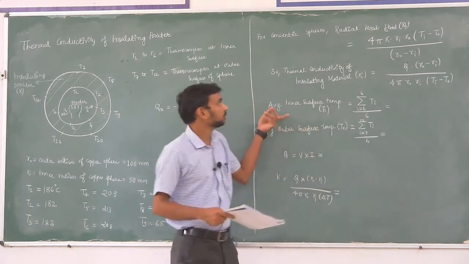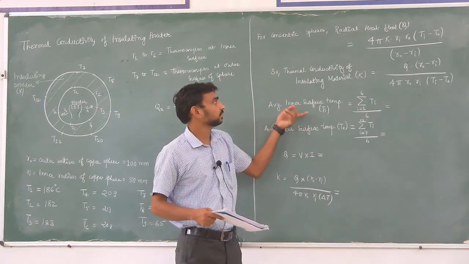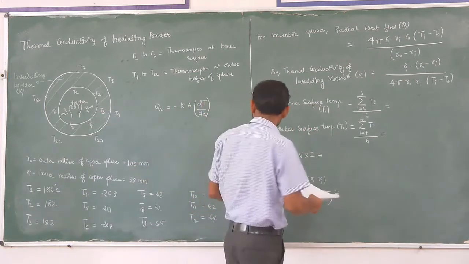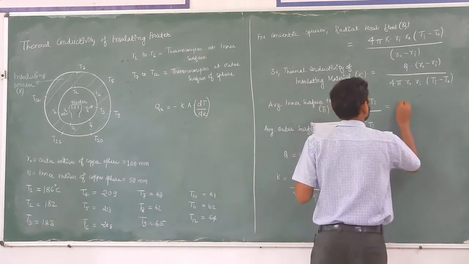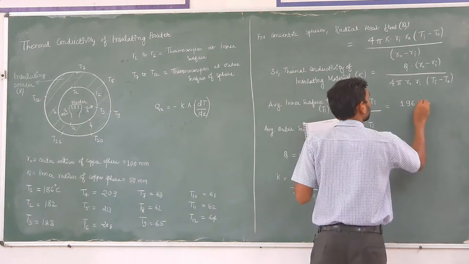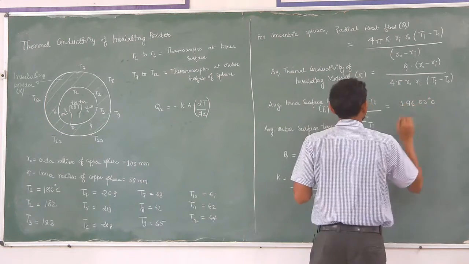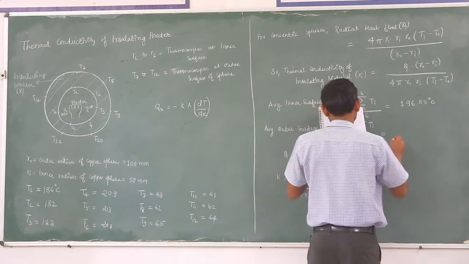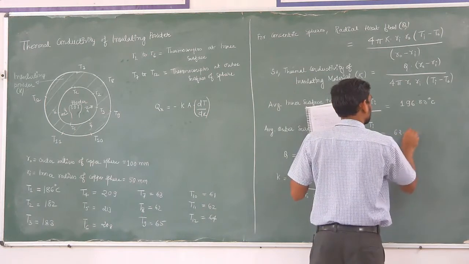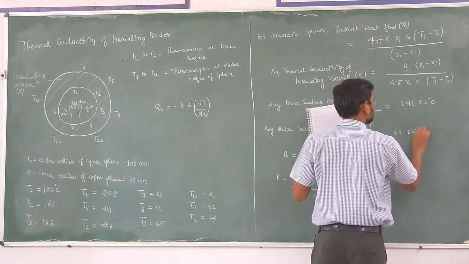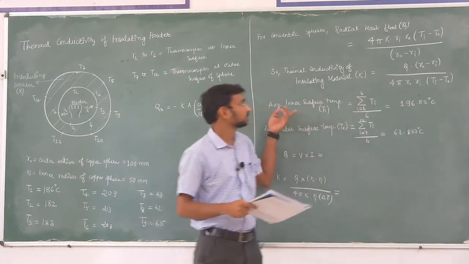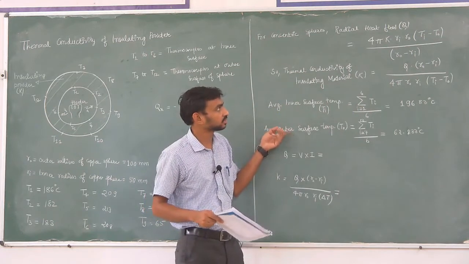So, the average inner surface temperature comes out to be 196.83 degrees Celsius, and the average outer surface temperature comes out to be 62.833 degrees Celsius.